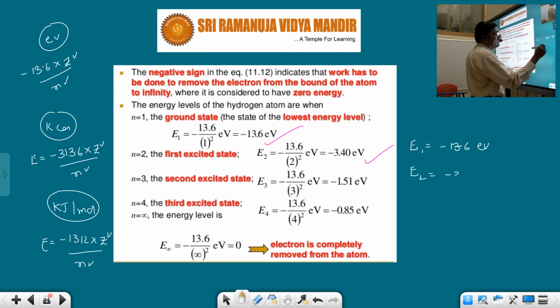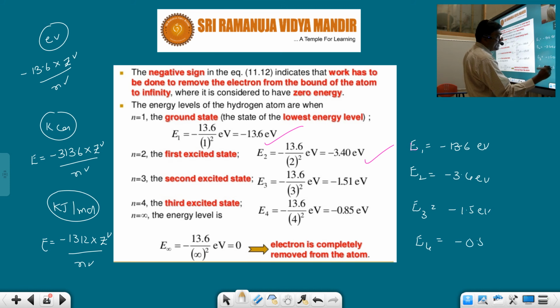E2 is equal to minus 3.4 electron volts, E3 is equal to minus 1.5 electron volts, E4 is equal to minus 0.85 electron volts, and E5 is equal to minus 0.54 electron volts.